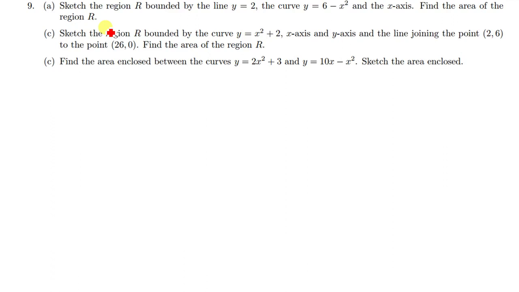Find the area of the region R. So here we've been given the curve, which has a minimum value. Just by checking the coefficient of x squared there, you can tell that it has a minimum value, meaning it's going to come out like this. And then the x-axis and the y-axis and the line joining the points 2, 6 and 26, 0.